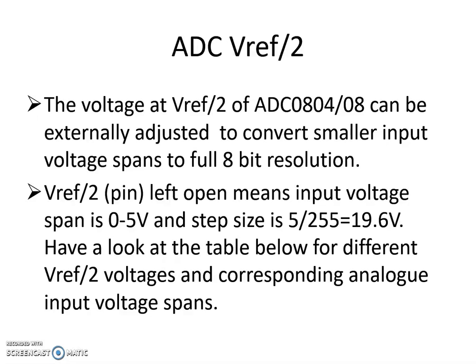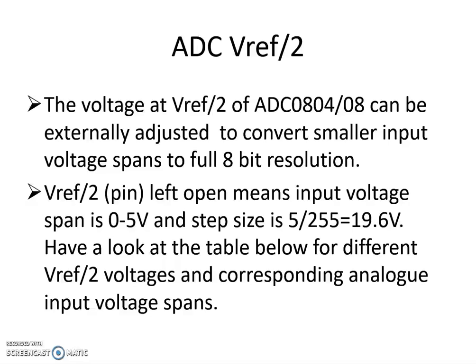But if you want to measure from 0 to 4 volt, that means you need to adjust the voltage reference to 2. So whatever the reference you use depends on what input span voltage you are going to use. This will be shown later in the table on the next slide.